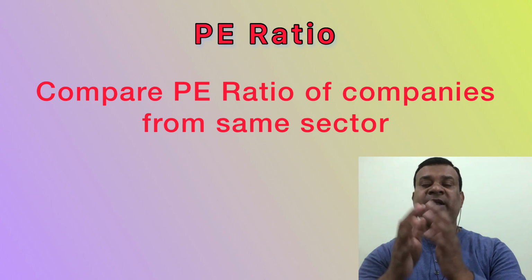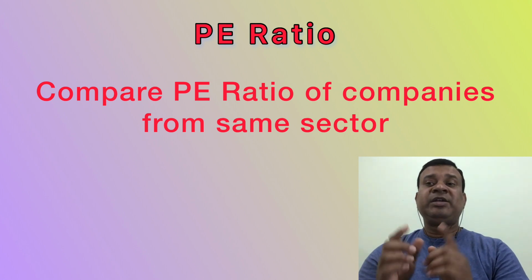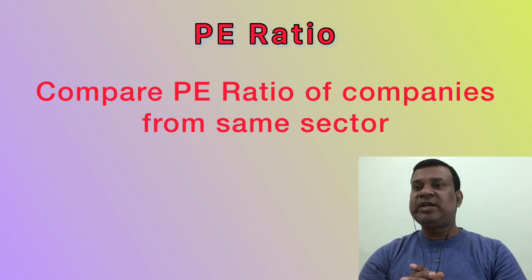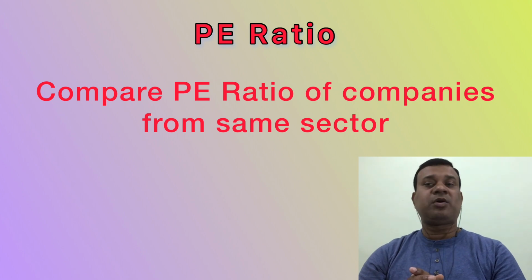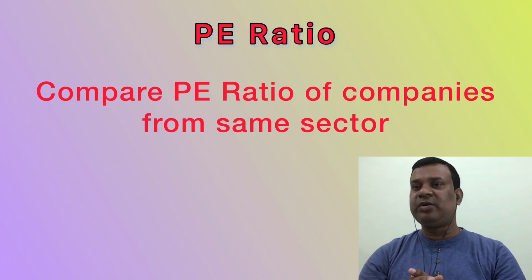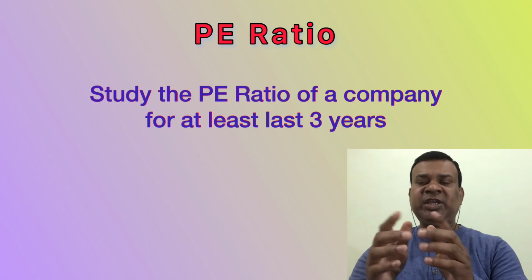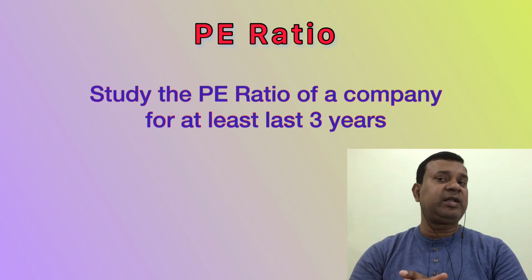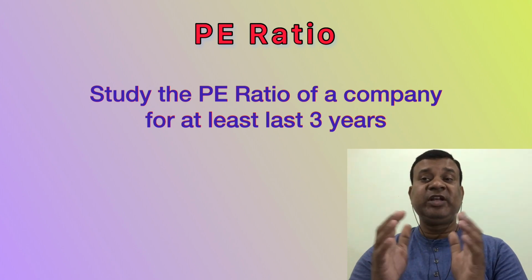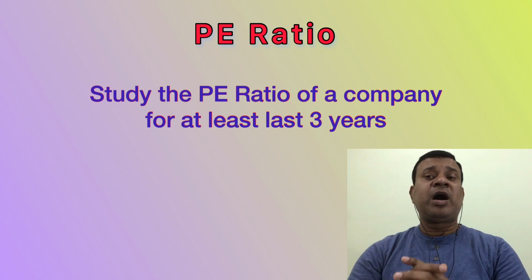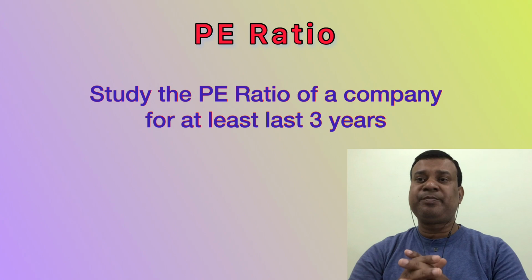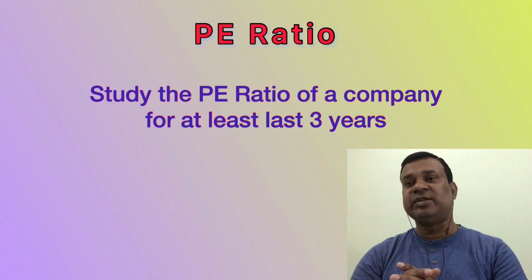It will give you an idea whether TCS is presently costlier as compared to its peers or is cheaper as compared to its peers. Also, you should compare the present PE of TCS with its last 3 years PE. It will give you an idea of how the performance of the company has been for the last 3 years.